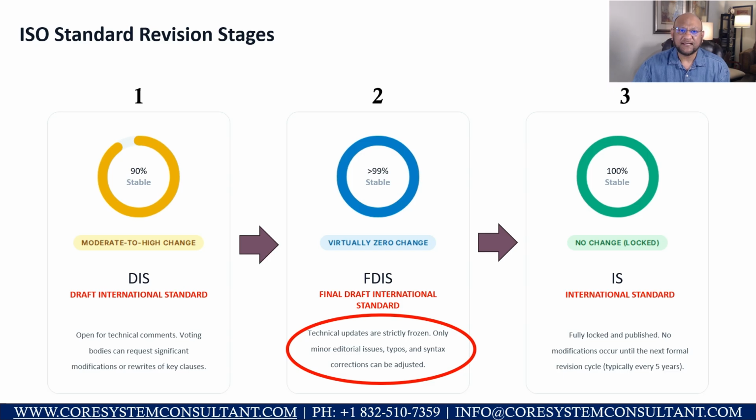So we can safely say that if we start working on the concepts and the new changes in the FDIS, and if we understand them, those will be the final changes in the final standard, the IS, International Standard. We are expecting it somewhere in September or October 2026. My presentation is based on the FDIS, which will hold good for the main standard that we are expecting in the coming months.